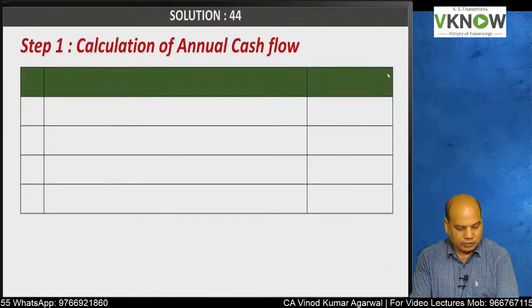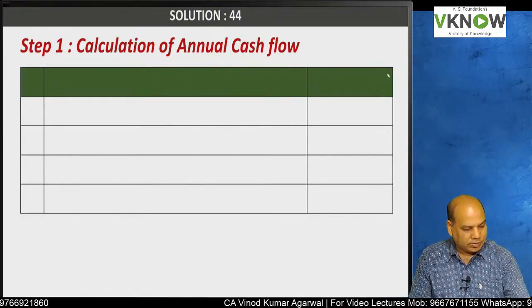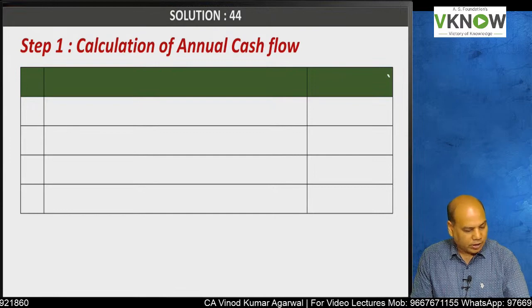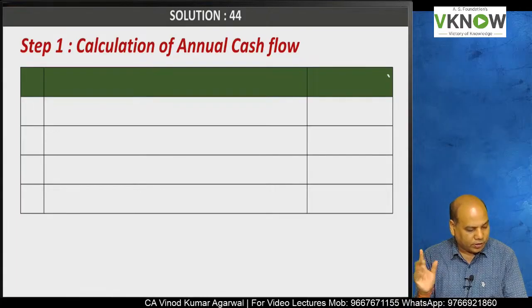So first we'll start with the original answer. In the original answer we have all the variables available. Just arrange it properly and you will get the answer. We have sales quantity, selling price, variable cost, and fixed cost.